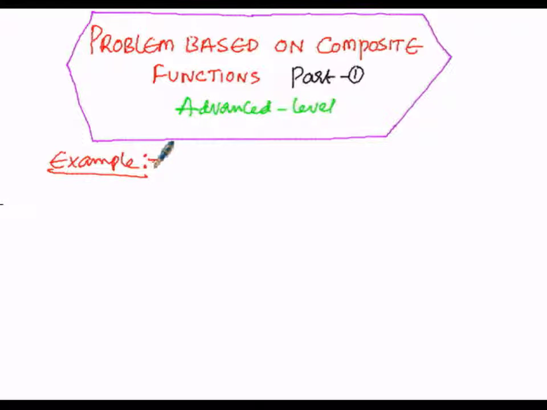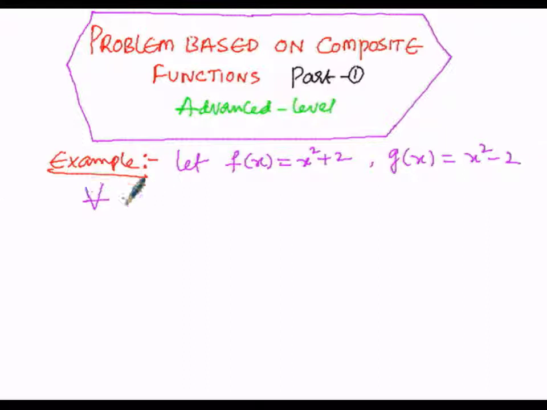Under this example, let the first function f be defined by f of x equals x square plus 2, and the second function g be defined by g of x equals x square minus 2, for all x of real values.